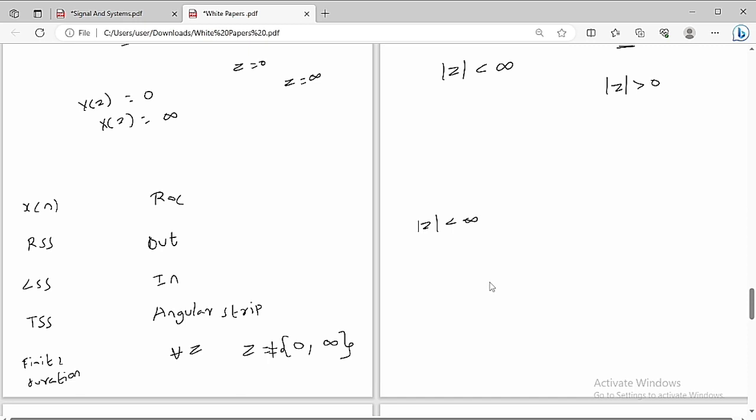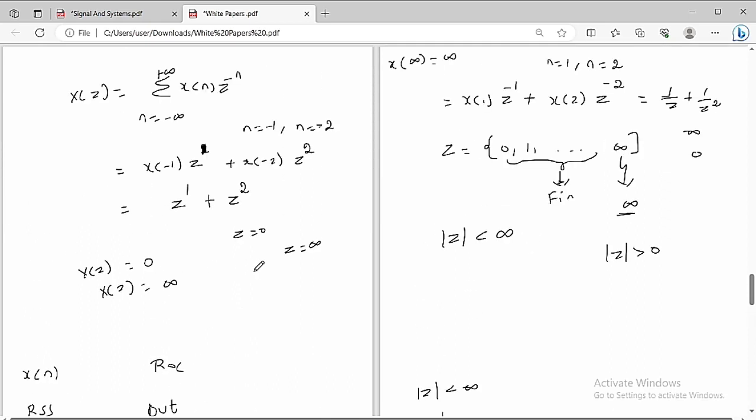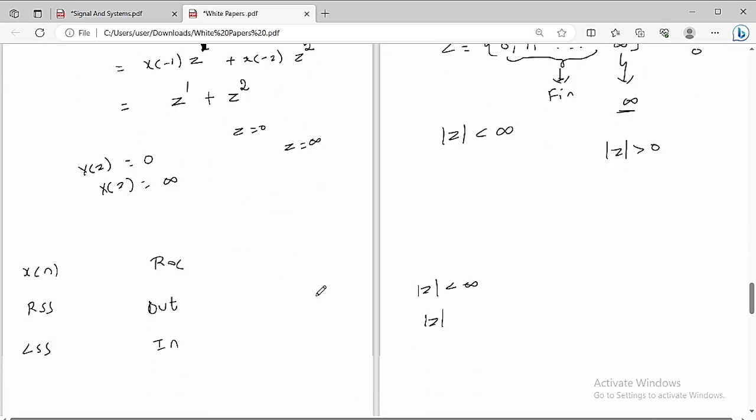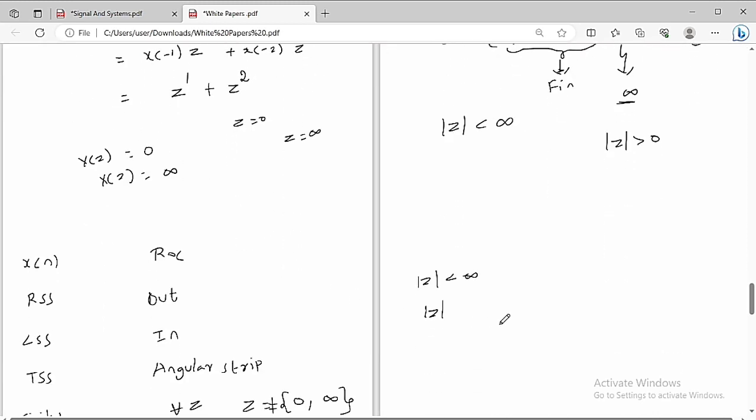Suppose the finite duration signal is present only for n greater than or equal to 0, then the ROC is not defined at 0. Listen carefully. Here, what is the ROC? The ROC is z greater than 0.